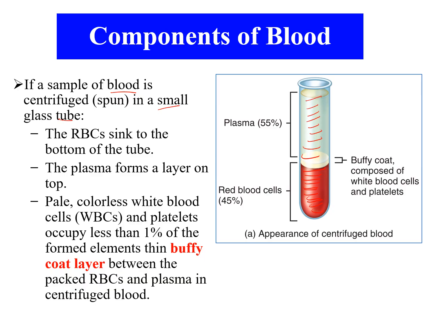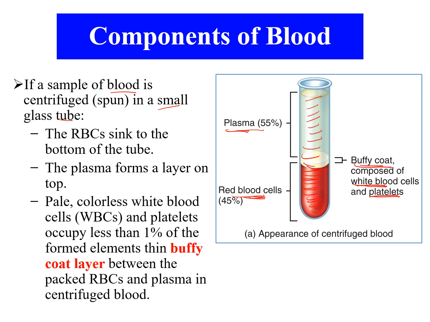In between the plasma and the red blood cells, we're going to have a combination of white blood cells and platelets. These two are less dense in comparison to red blood cells. They're not as heavy as red blood cells, but they are heavier than plasma. So they are going to settle on top of the red blood cells, but at the bottom of the plasma. This layer of white blood cells and platelets is known as the Buffy coat.